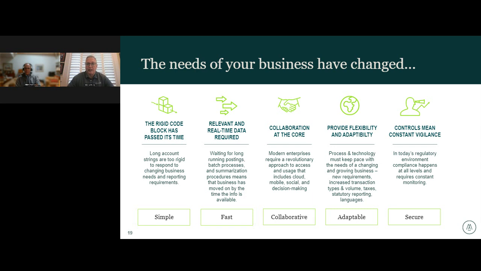You still have to manage your business in a manner in which you don't have errors, you don't have fraud, and you're secure with your information and your customers' information, making sure the technology you employ in the business can do that for you.